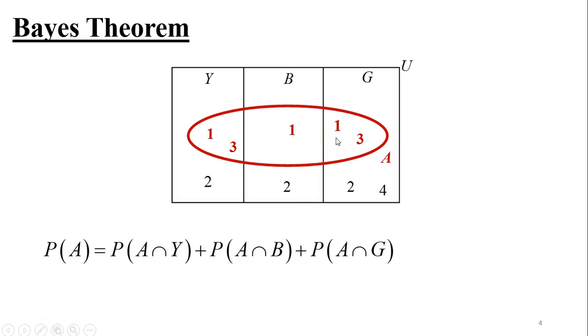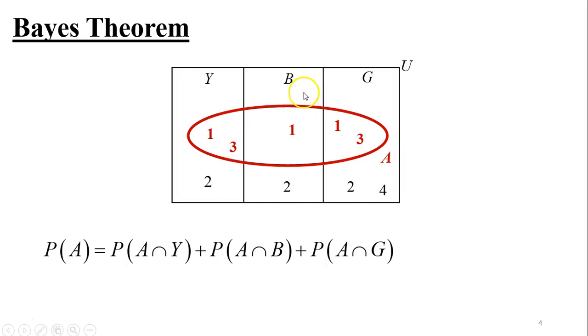So according to the formula of total probability, the probability of A is the probability of A inter Y plus the probability of A inter B plus the probability of A inter G. Now, what about A inter Y? Ask yourself, in my urn, how many yellow balls hold an odd number? I have only 2 yellow balls holding an odd number, and that's 2 out of 9.